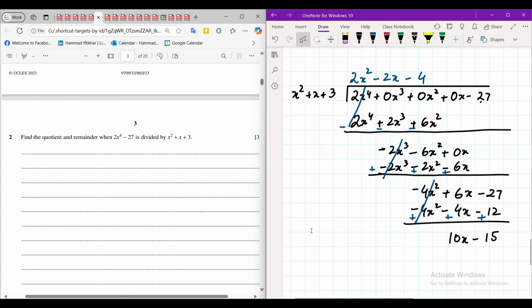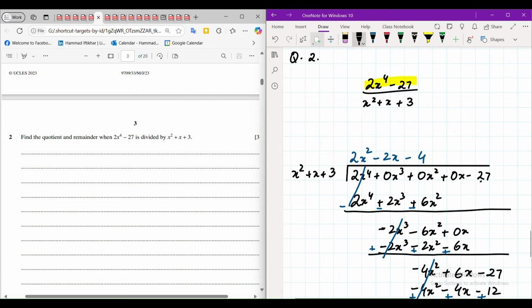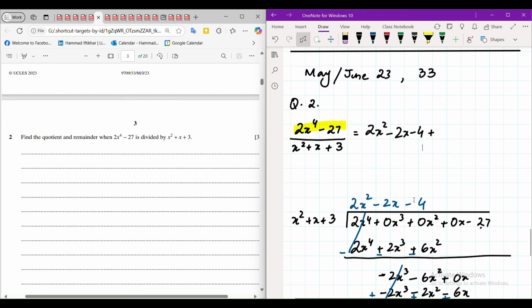So when we are dividing this, let's make it a little bit neater. The quotient is coming out to be 2x squared minus 2x minus 4, and the remainder is 10x minus 15, and we have x squared plus x plus 3.